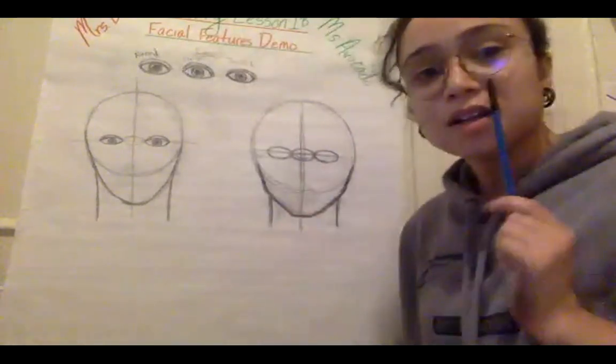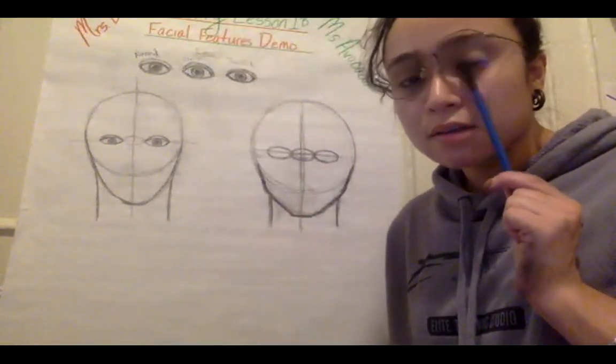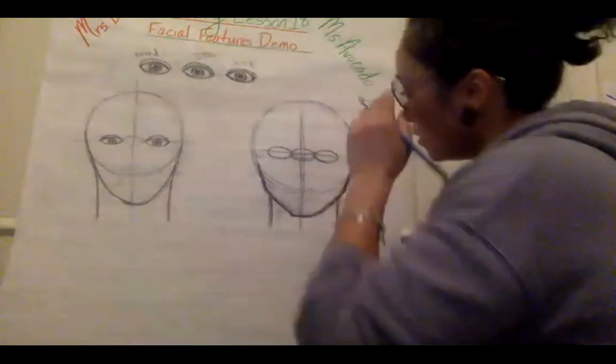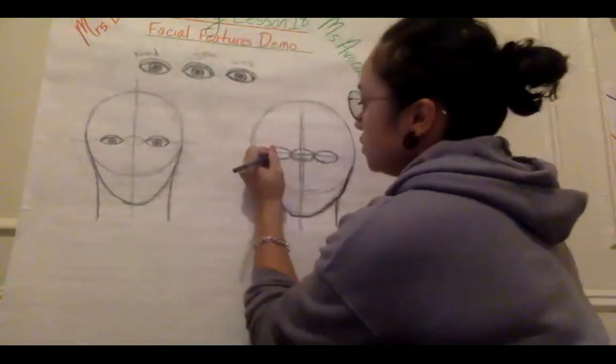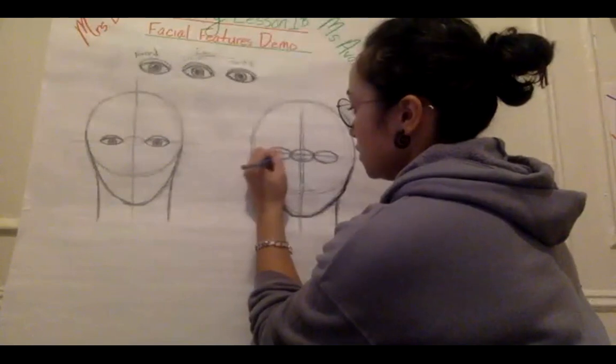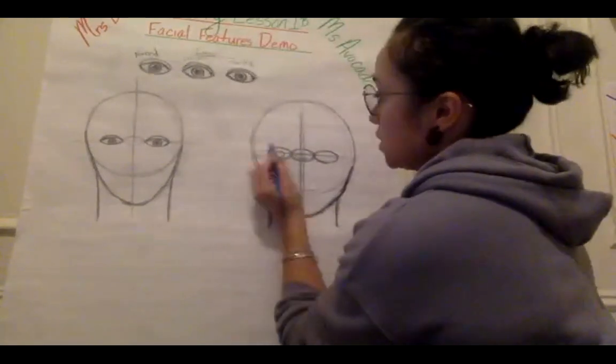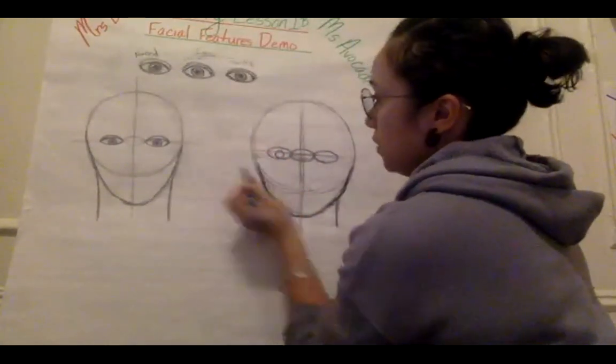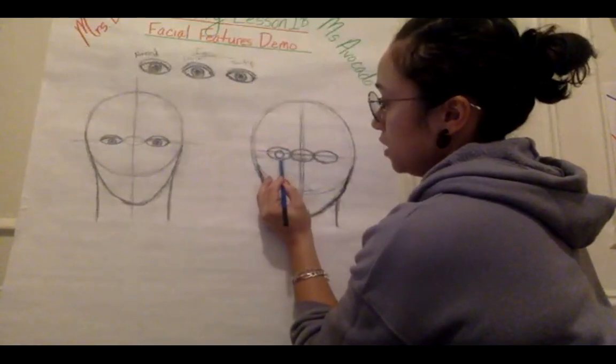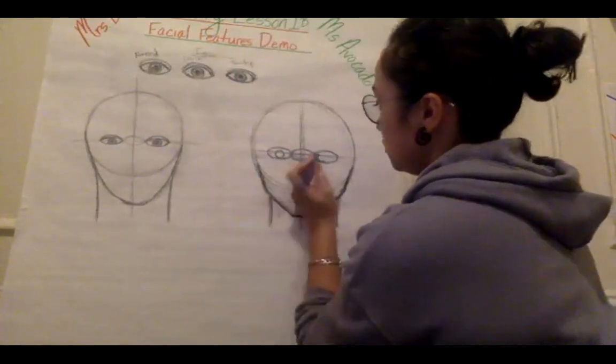So we finally knew what Miss Avocado has for eyes, which is the teardrop. I have that nice little point on the inside, and then it rounds around. So I'm going to do that. I'm going to put my iris, which, as you can see, mine goes right over the line, and the majority of it is below.